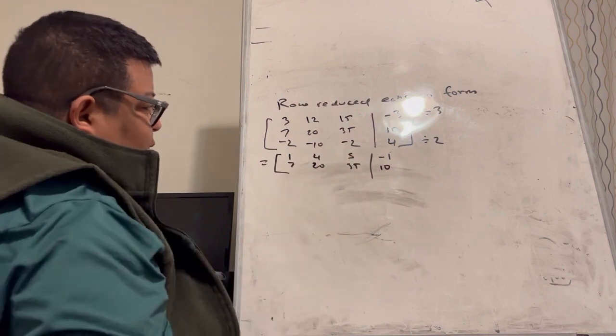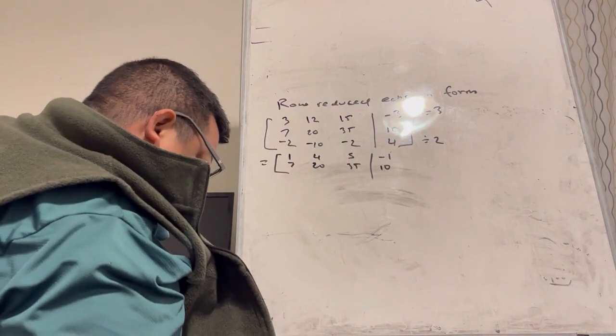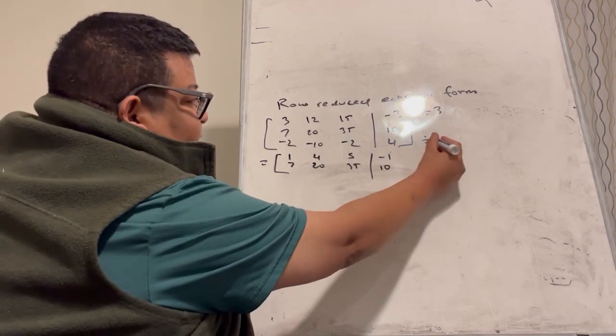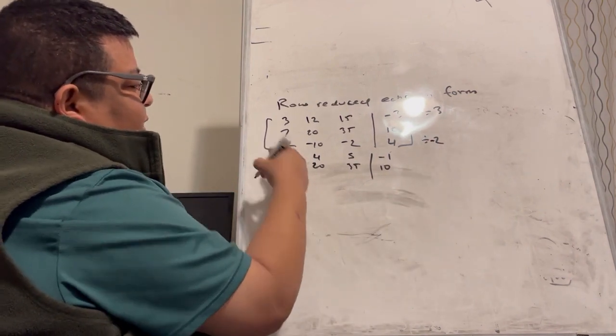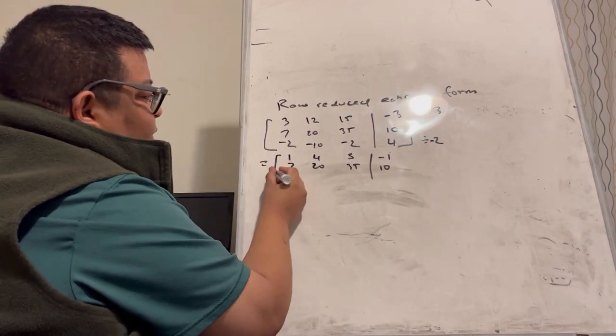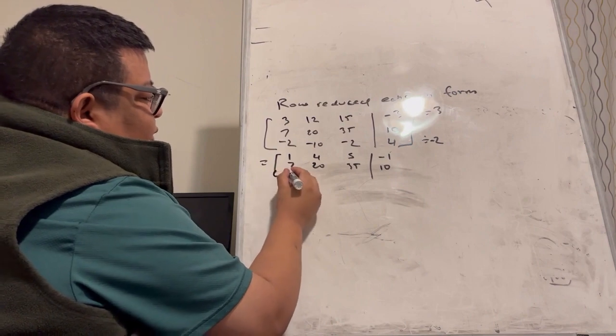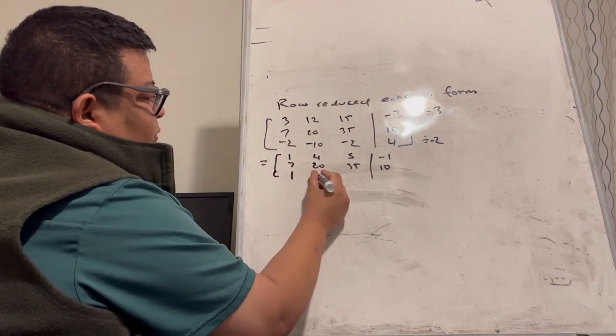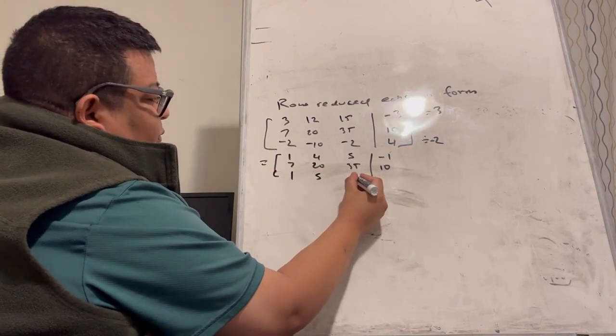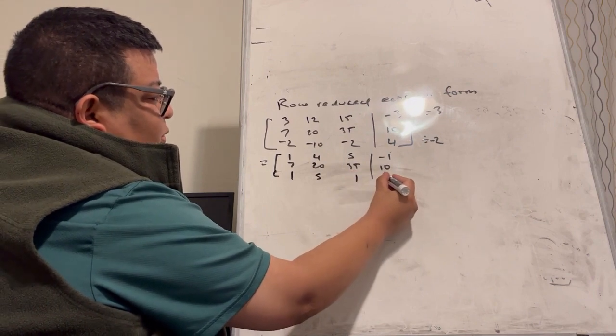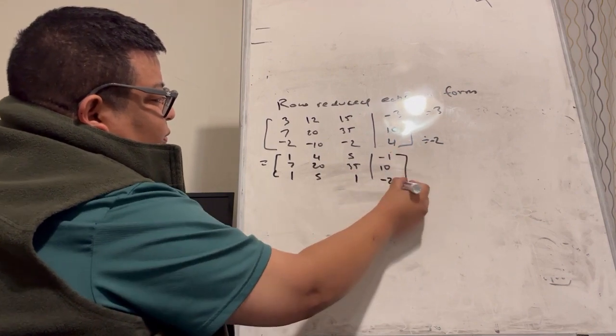We divide by 2. Actually, let's divide by -2, so that we get rid of this negative. So we're gonna get 1, 5, 1, and -2.